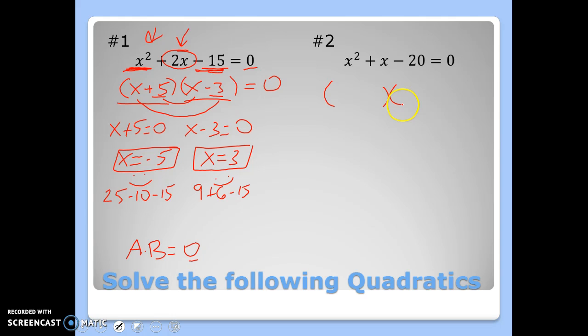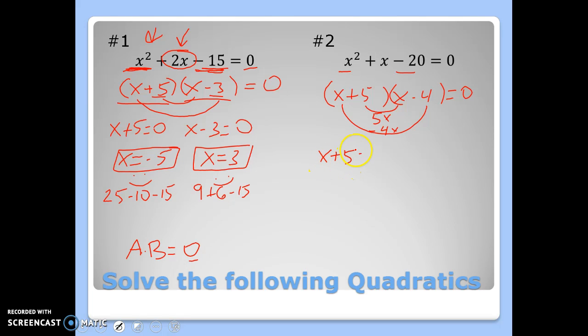So I would start by factoring. I'd have an x times an x, because x times x is the only thing that gives me x squared. And then I would have a positive 5 and a negative 4, because 5 times negative 4 is negative 20. My inside terms, that's 5x. My outside terms, that's negative 4x, and 5x minus 4x is 1x. And so now I will just set my two factors equal to 0.